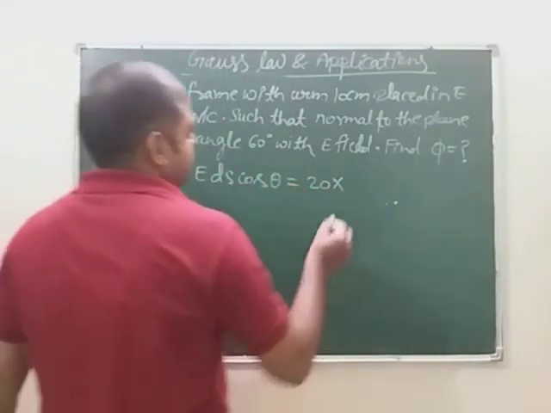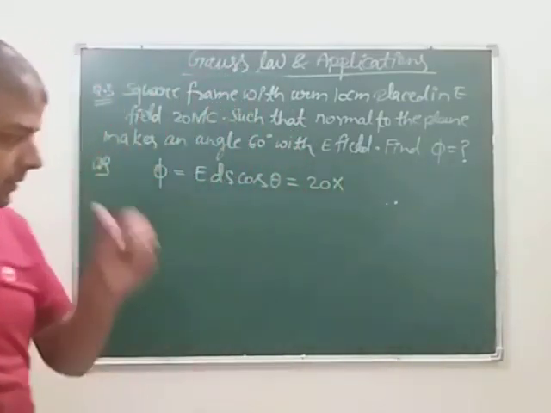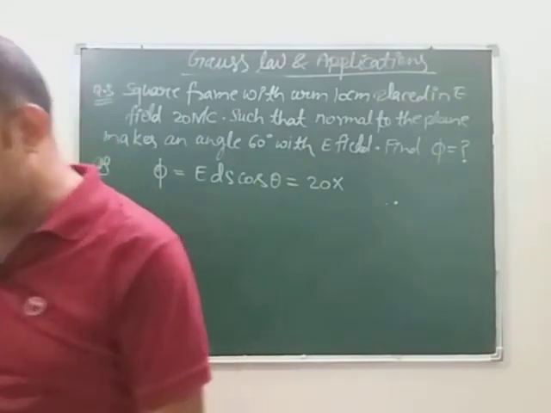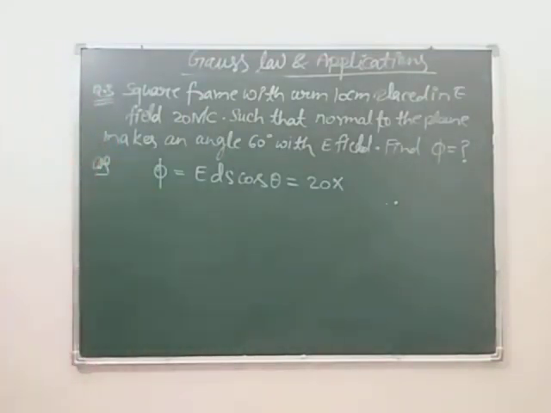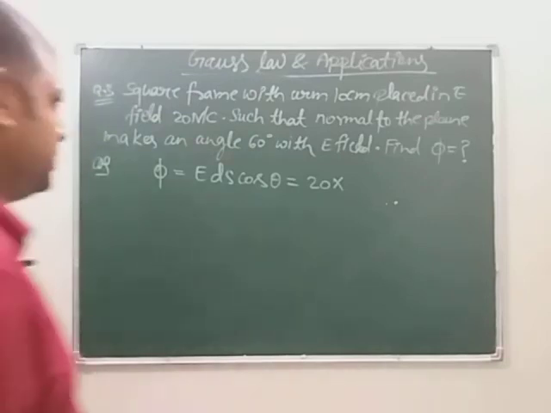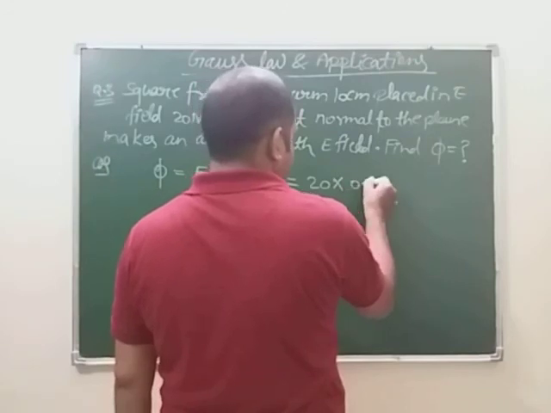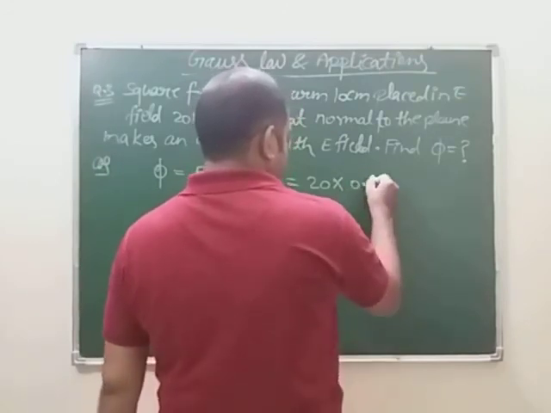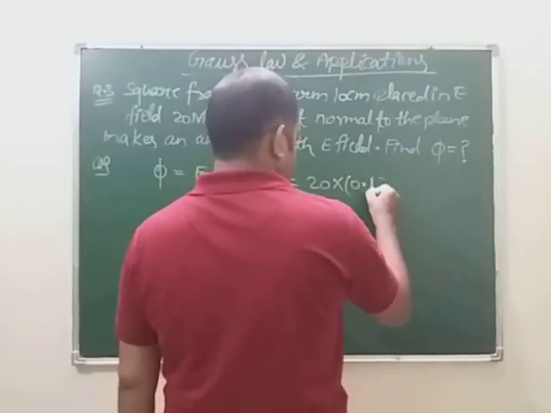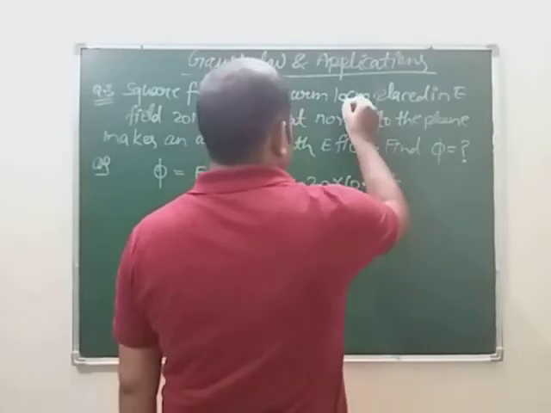If one arm is 10 centimeter, then the area of the square will be 0.1 into 0.1 meter square. So 10 centimeter means 0.1 meter, so area is 0.1 squared.